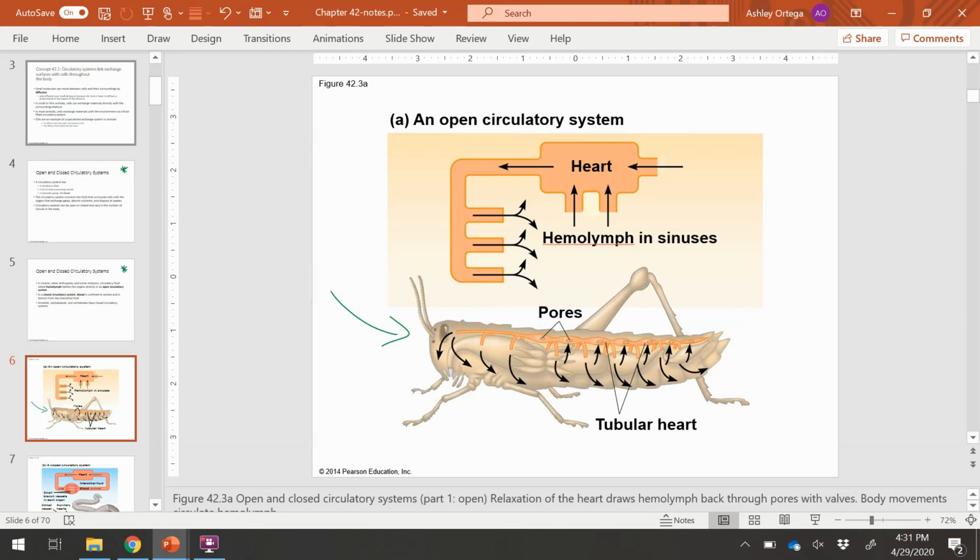And so when the heart contracts, those valves are closed, so it's able to push out the hemolymph to the body. And so body movements will also help circulate the hemolymph, as it does not have anything else to assist in circulating it back around the organs and back to the heart.